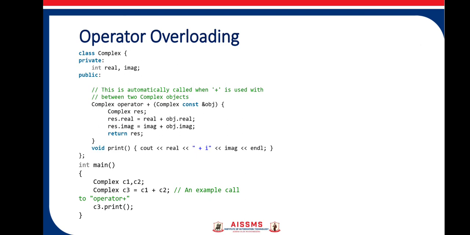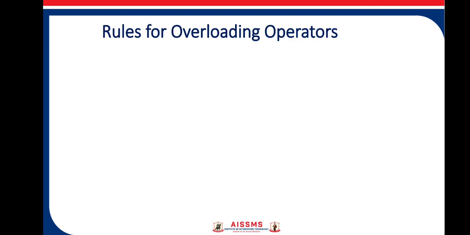Operator is the keyword, then plus is the operator which we want to overload, and in brackets we are passing the argument, that is the object C2. So this is how I can provide additional meaning to the operator plus, and now I can add real and imaginary parts of C1 and C2, and store it in the new temporary object we have created, complex res, that is result, and this object is returned back. That's why we have the return type as complex.